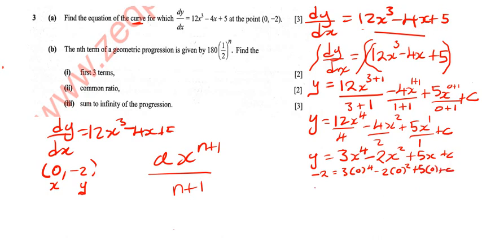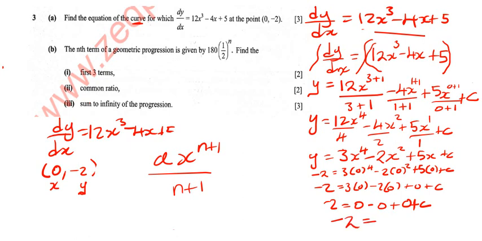Now you say negative 2 is equal to 0 to the power 4, it is just a 0, minus 2 times 0 to the power 2, it is just a 0, and then 5 times 0 is just a 0 plus c. So we have 3 times 0 is 0 minus negative 2 times 0 is 0 plus 0 plus c. So this is nothing, right? We have 0 minus 0, it is 0 plus 0, it's just a 0. So therefore negative 2 is equal to c. So c is equal to negative 2.